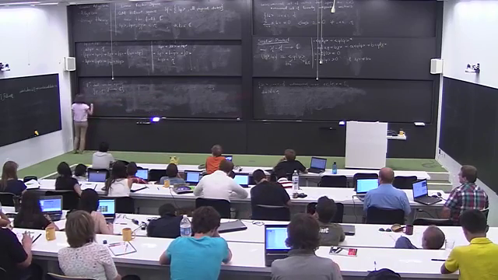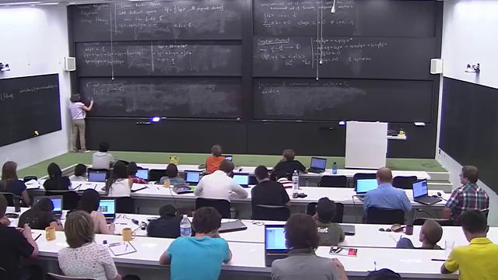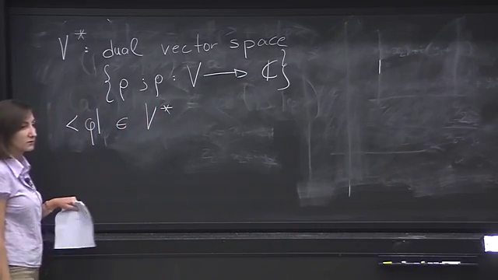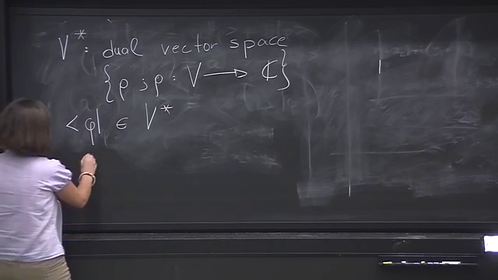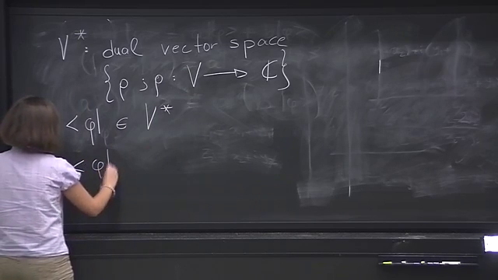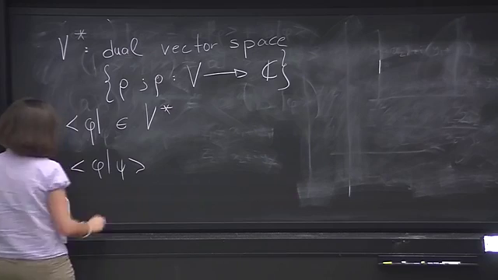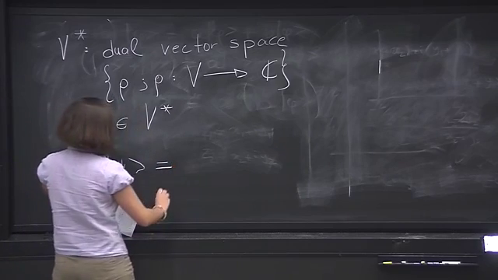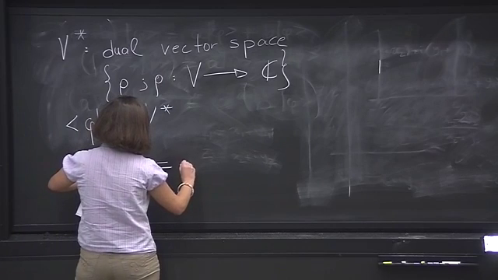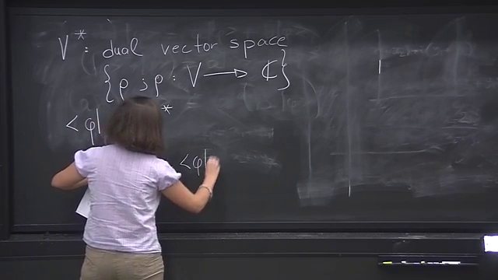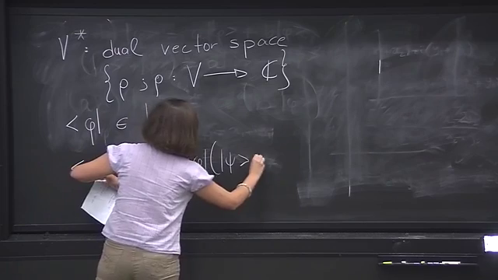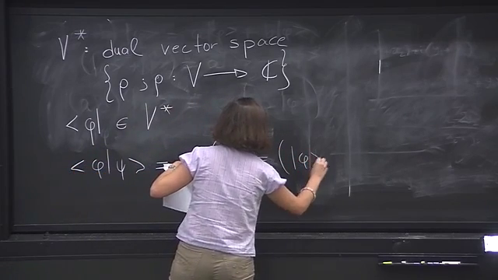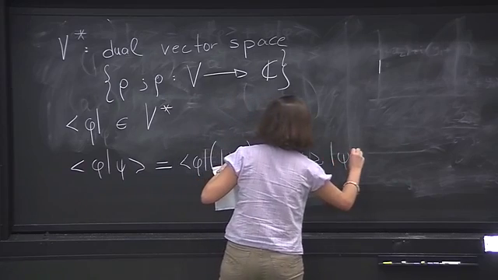So we write that phi belongs to V star because this thing, the scalar product between phi and psi, should be thought of as phi of psi, and this is the scalar product between the state phi and psi.